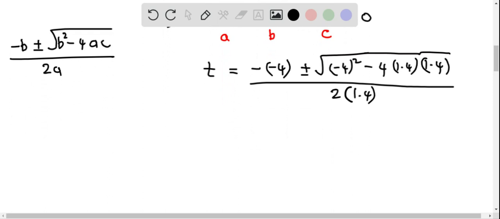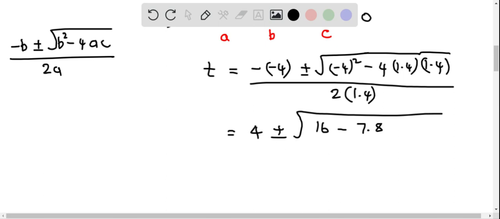Now we simplify this further. So negative of negative 4 is positive 4 plus or minus. Let's evaluate the terms inside the square root. Negative 4 squared is 16 minus 4 times 1.4 times 1.4. We plug this into the calculator. So I do 1.4 squared times 4, which is 7.84. So this is minus 7.84 over 2 times 1.4, which is 2.8.